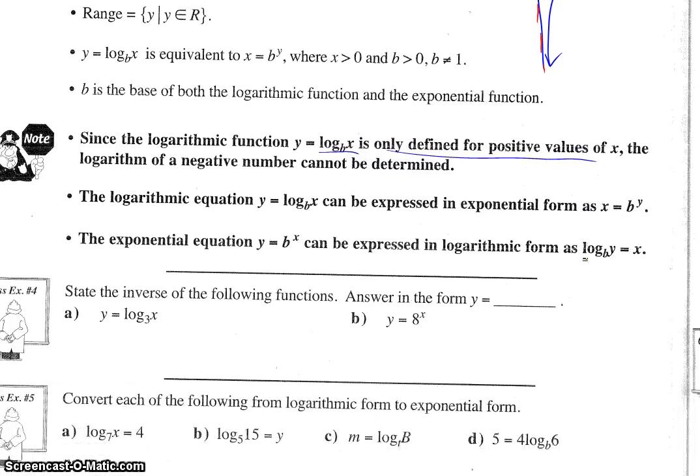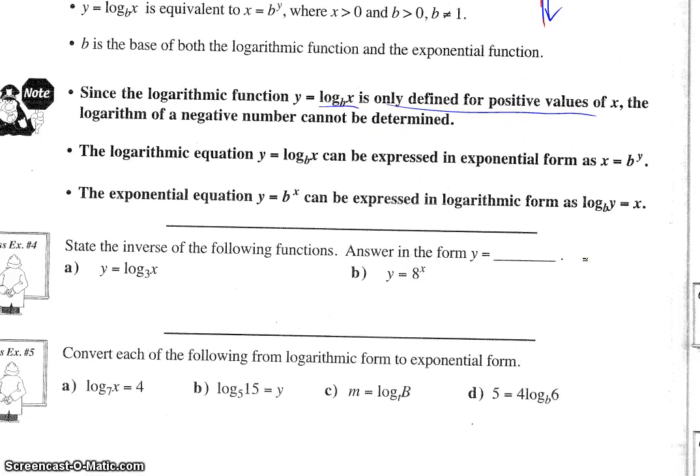All right, let's take a look at finding the inverse of these functions here. State the inverse of the following functions. Answer in the form y equals. So when you hear inverse, you should think switch x and y. So y becomes x here, and x becomes y. Now we need to isolate y because they want it in y equals form.